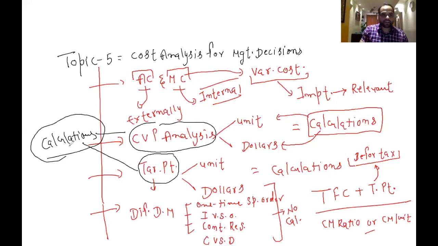So the idea is only topic 5 covers the calculation part, but of course calculation and theory both. So topic 1, 2, 3, 4, you don't have to worry about calculations. But topic 5, you focus on the calculations and of course some other things too.